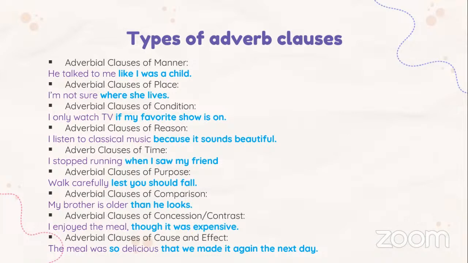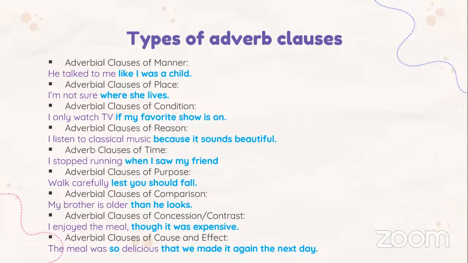So the first one is the adverbial clause of manner. An adverbial clause of manner describes how the action described in a sentence's main clause is taking place or previously took place. These adverbial clauses are often used with "as" or "like" to explain how something is done.